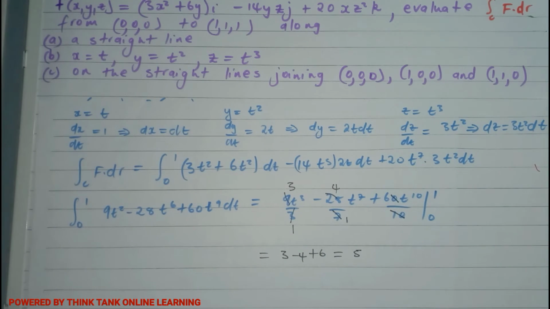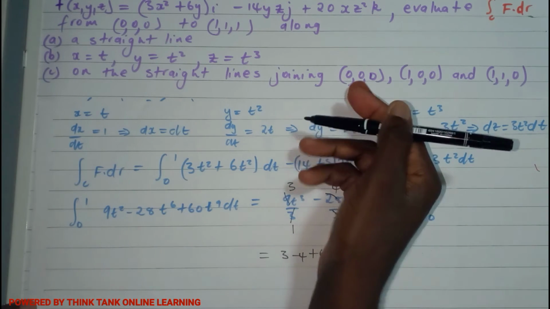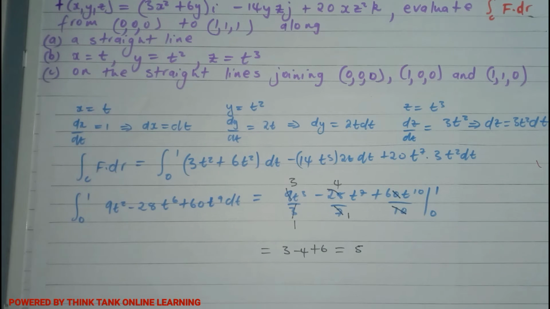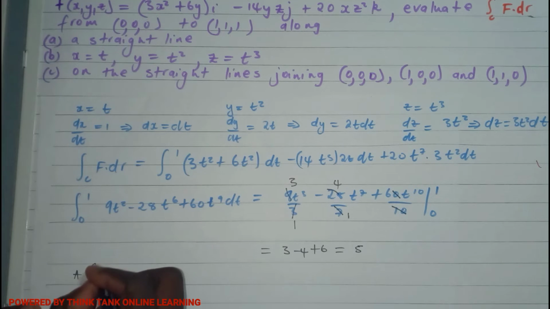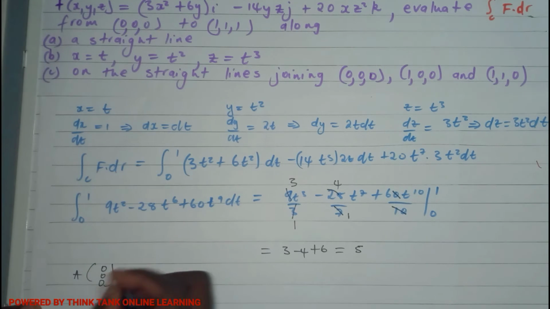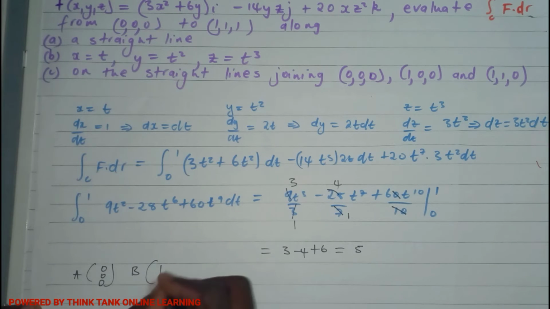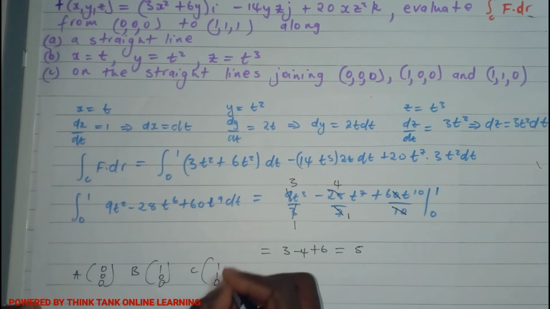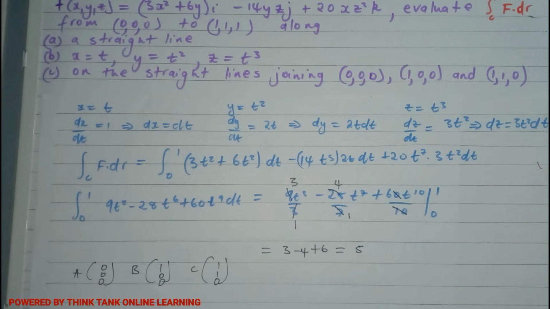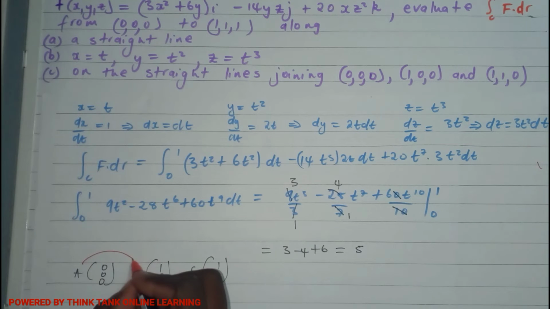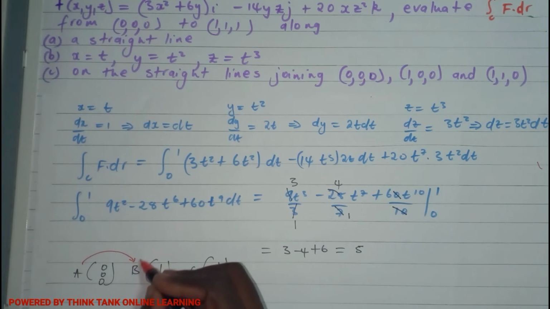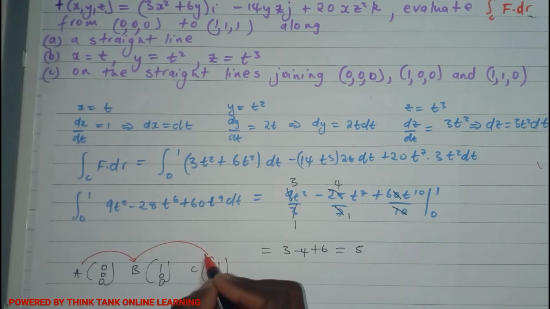Let's say point a is equal to (0, 0, 0), b is equal to (1, 0, 0), and we have c, which is equal to (1, 1, 0). So what is going to be our path? Our path will go from a to b, then from b to c.